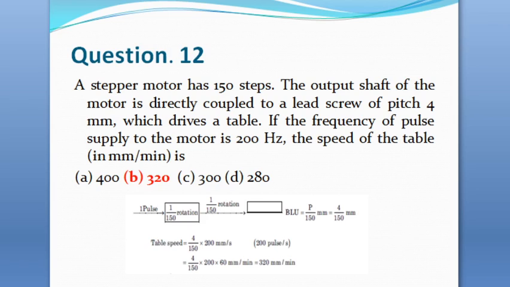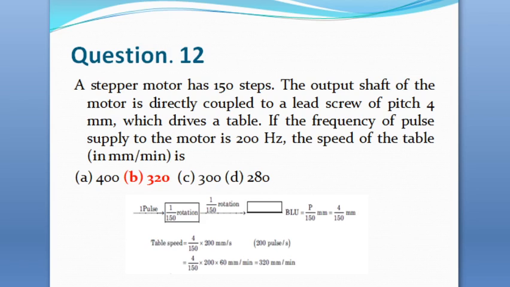The frequency of pulse supply to the motor is given as 200 Hz. The pulse generator supplies the pulses at 200 Hz.